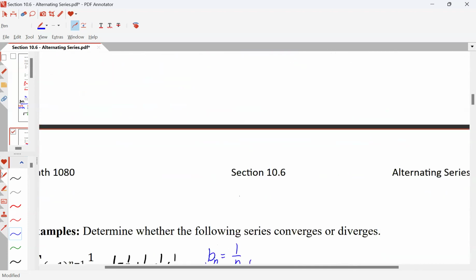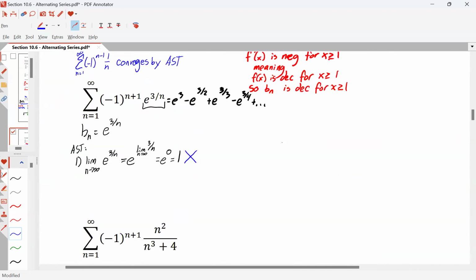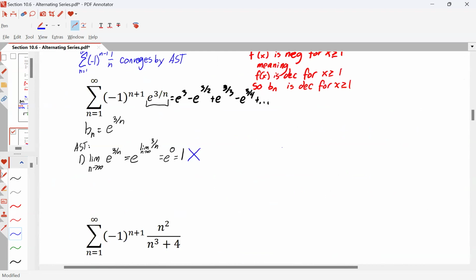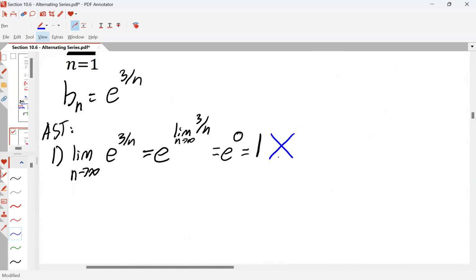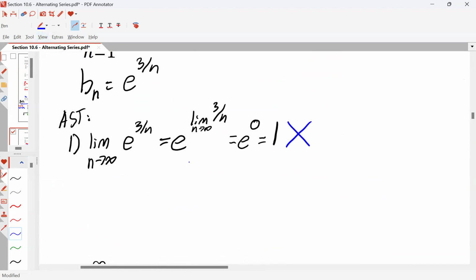Because if this property fails, meaning the sequence does not go to zero, we can turn our attention to the divergence test.